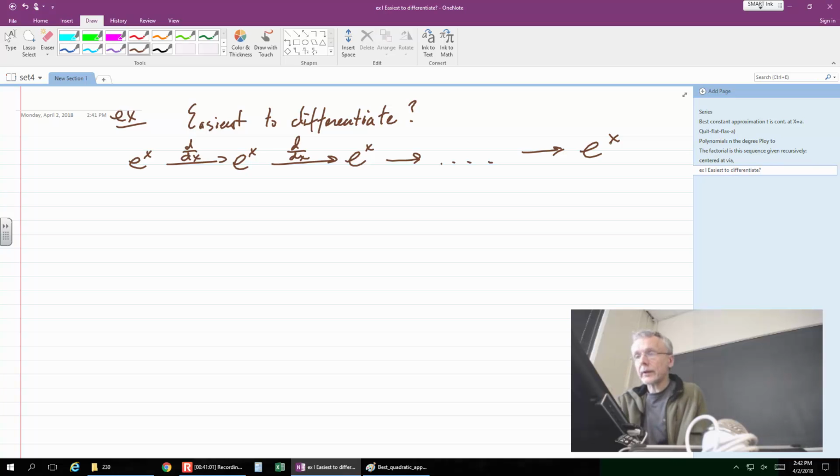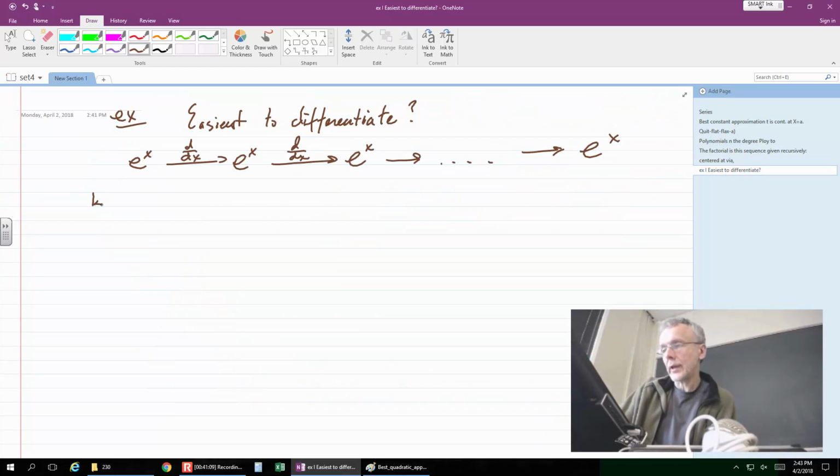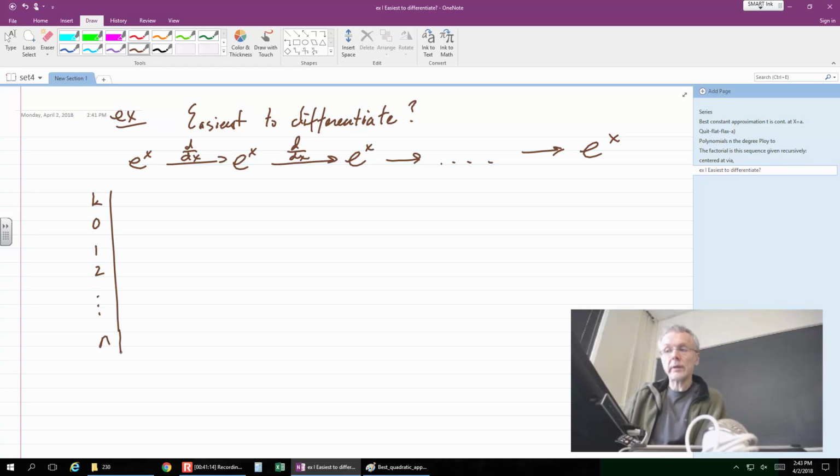So if we have all the derivatives available, let's go through this plan once again, but with this simpler function. Okay, so we still have, I put k here, so 0, 1, 2, and the pattern will appear very clearly, easily. So I'll have the k-th derivative here: e to the x, e to the x, e to the x.